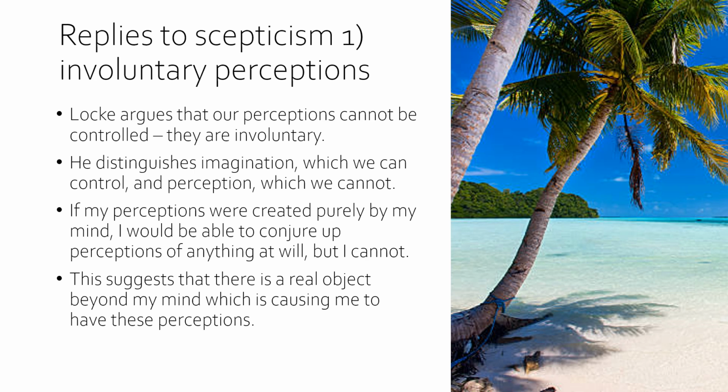I can't do that because I cannot control my perceptions. I can imagine that and imagine that image, but I cannot make that real. Likewise, I can't imagine words onto the page without physically writing them down. These kinds of things show that we can't simply say that our sense data is from our own minds. It must be caused by something external.